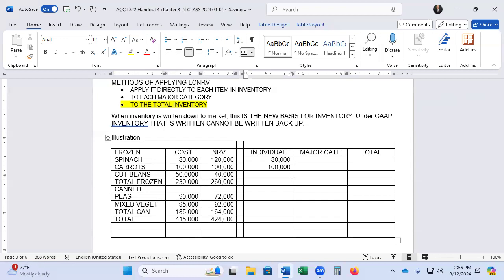And then you have cut beans, where the net realizable value is 40,000. Now, if we go down to the canned vegetables, we have peas, $90,000 cost, $72,000 net realizable value. And then we have mixed veggies with a $92,000 net realizable value. So we would use these single items and the value of our inventory would be $384,000.